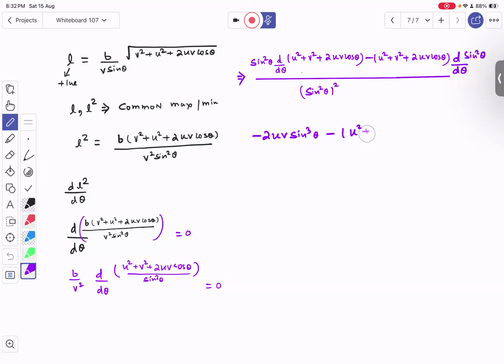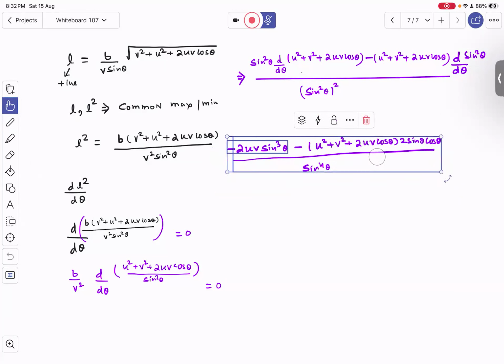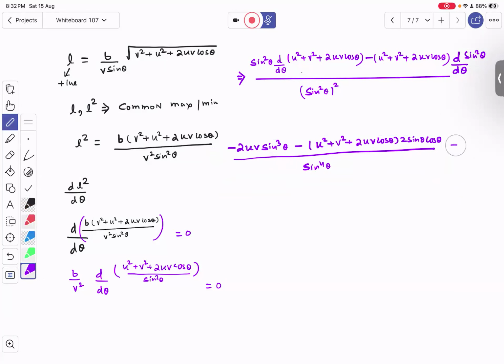So u square plus v square plus 2uv cos theta into 2 sine theta cos theta, divided by sine power 4 theta, all should be equal to 0. So next simplification we'll do. Sine 4 theta we'll throw to the 0 side. Then here you can see 2 sine theta, I can take out common.